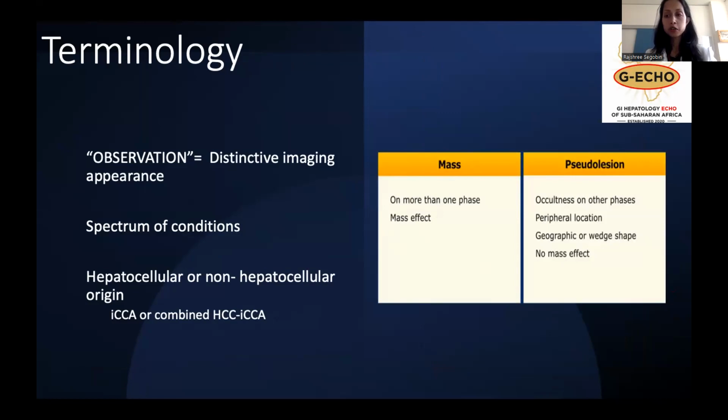So this will include what we call pseudo-lesions, which are often due to hepatic perfusion alterations, and they are classically peripherally located, can be geographic or wedge-shaped, and are not typically seen in more than one phase imaging. The observation can be either hepatocellular in origin, but can also be non-hepatocellular in origin, such as intrahepatic cholangiocarcinoma.